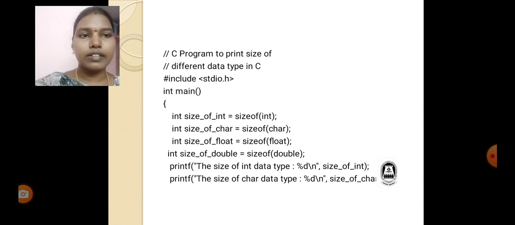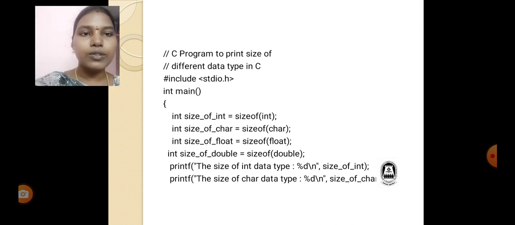First of all we declare the data type int. Next, the variable name size_of_int. Note that there is no space. While naming a variable, commas and blank spaces are not used.